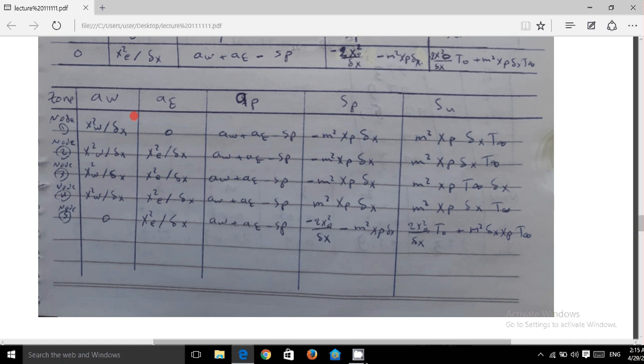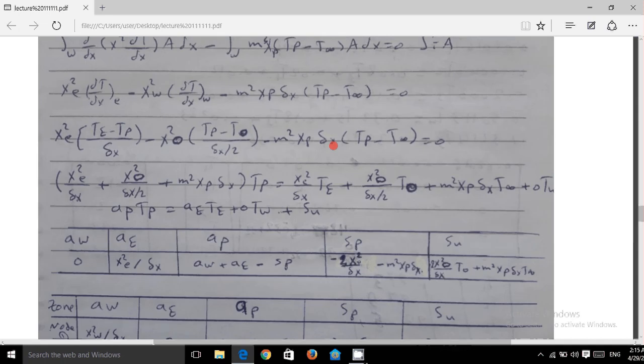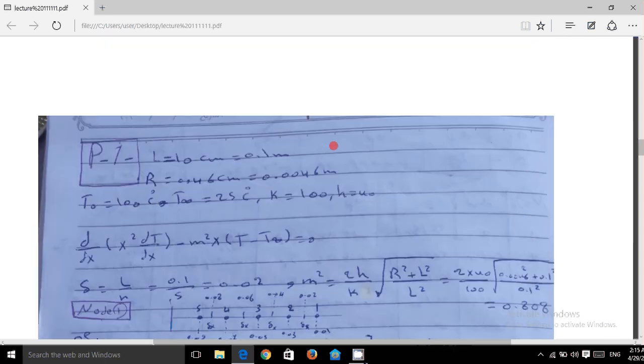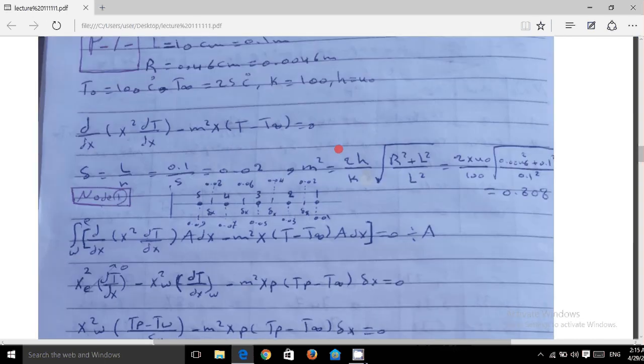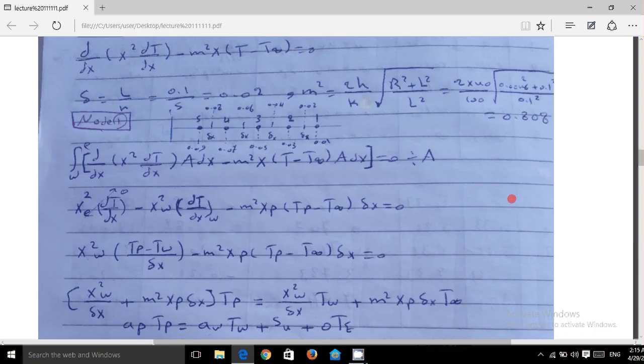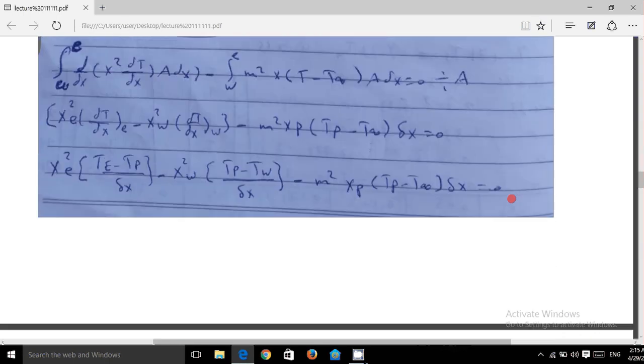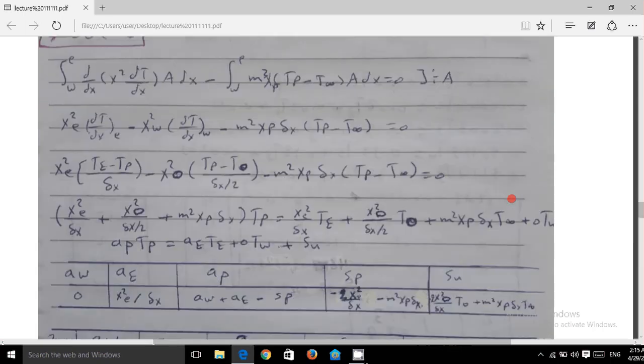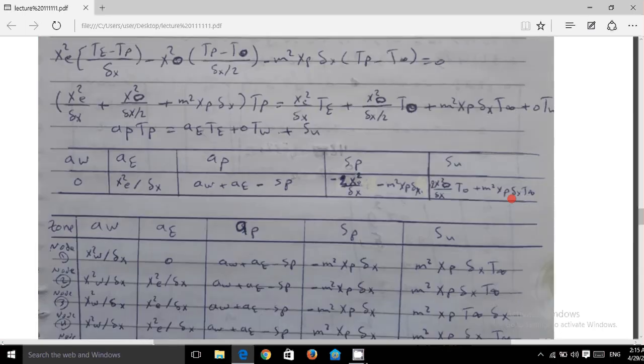A east is equal to 0, and then I will find this term m square. m square is equal to 0.808. Delta x is equal to 0.02, and the x point of the node 1 is equal to 0.01.